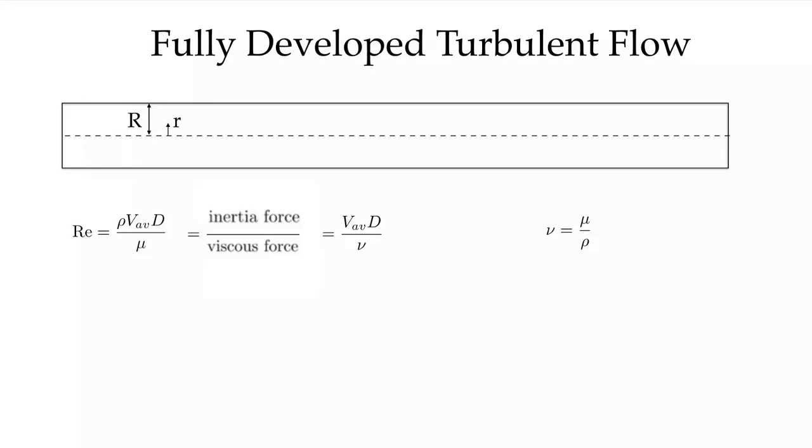We're still going to have a fully developed flow, but now it will have a turbulent velocity profile, and I'm going to sketch that roughly as something that is a lot flatter than the parabolic profile. And again, I'm going to look at what happens when we put a point in the flow, and we look at the velocity as a function of time.